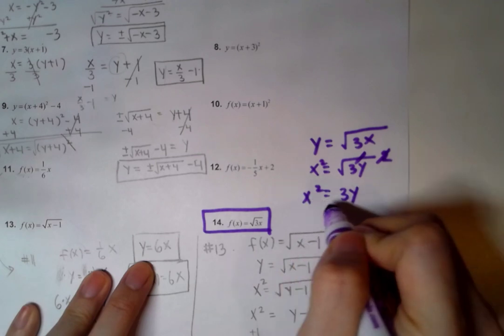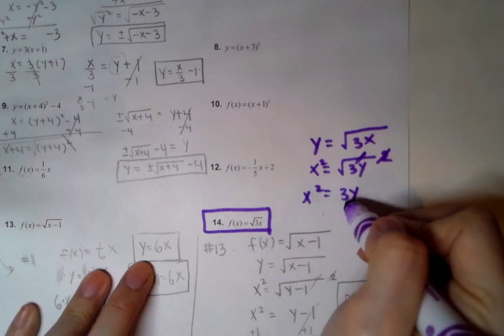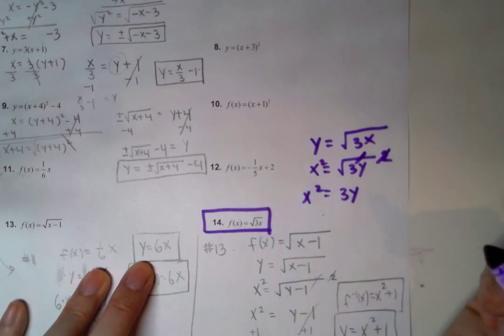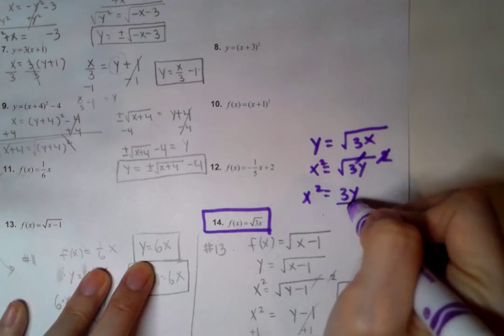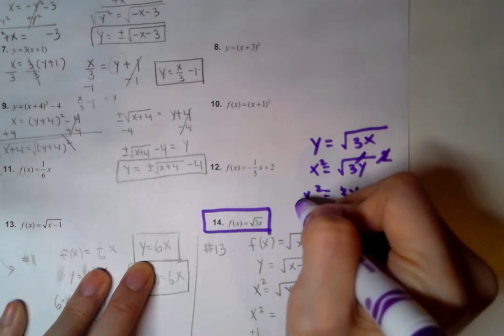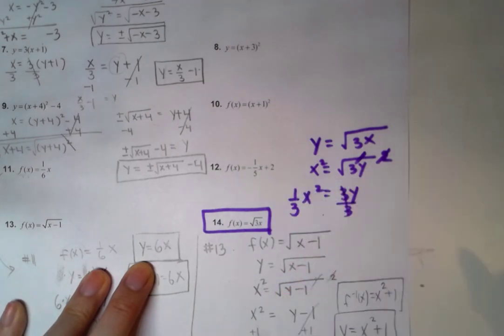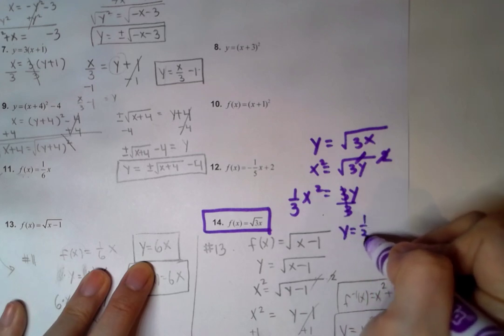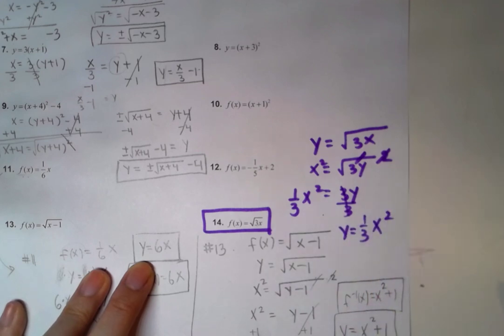And look, from here you need to divide it by 3, right? So you divide it by 3, so you get x squared divided by 3, that's the same as 1/3, right? So your final answer will be y equals 1/3 x squared.